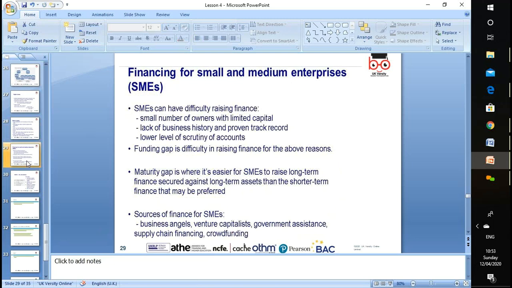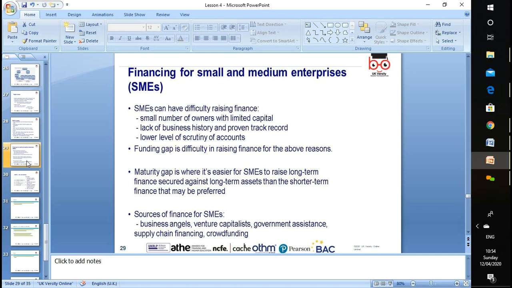Okay, next now, financing short term and medium term. Raising finance can be difficult for small businesses: a small number of owners with a limited company, a lack of business history and proven record, a lower level of security, and a funding gap make raising finance difficult. The maturity gap is where small and medium enterprises raise long-term finance secured against long-term assets, while short-term finance may be preferred now.